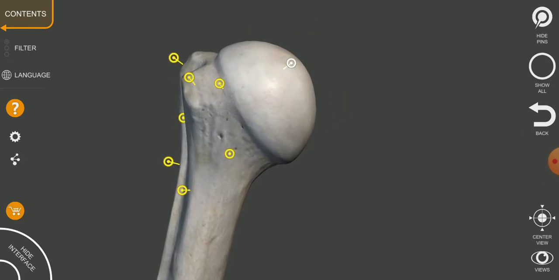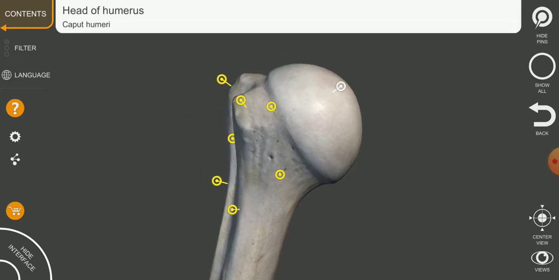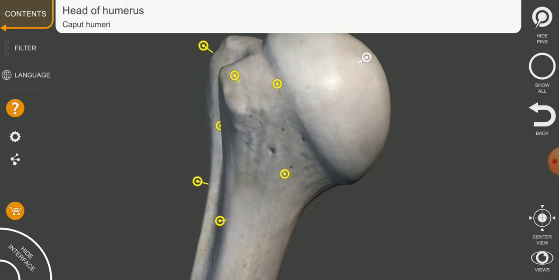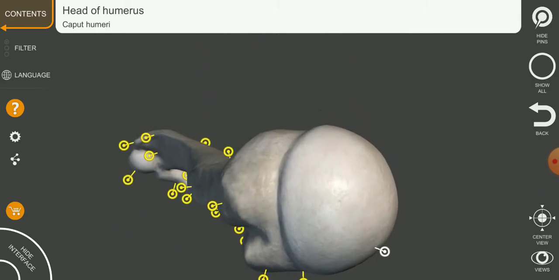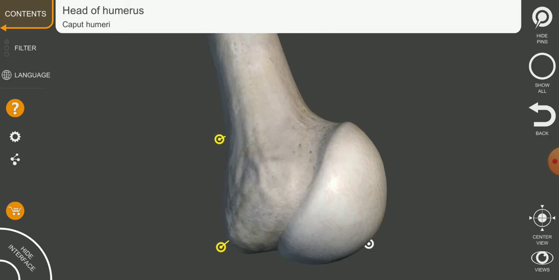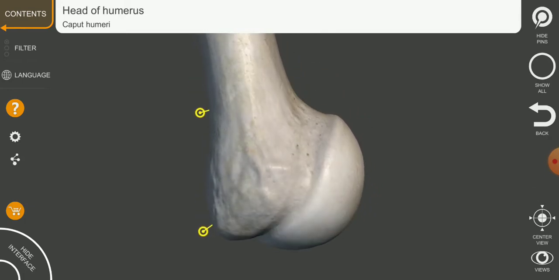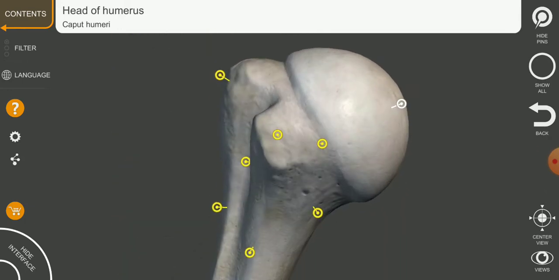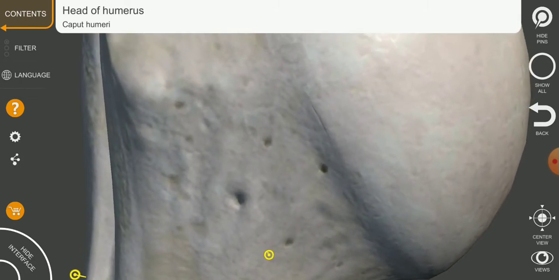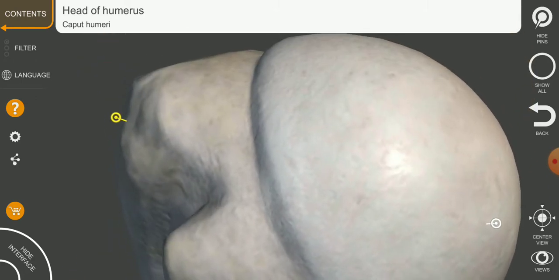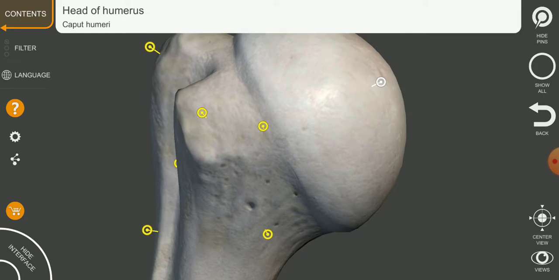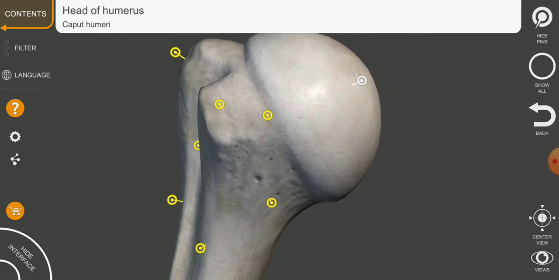This area is called the head of the humerus. Behind the head there is a deep area which goes all around the head, and this area is called the anatomical neck of the humerus.